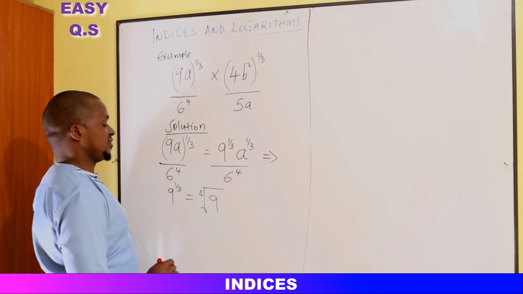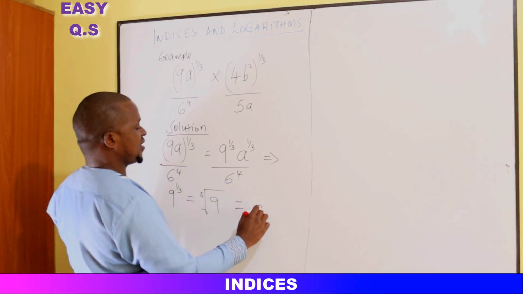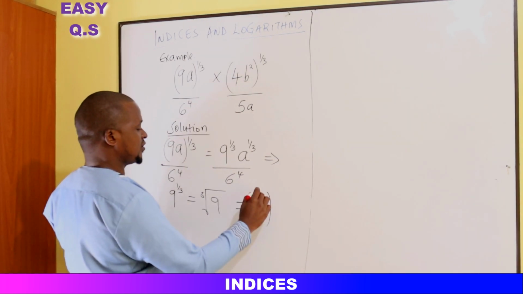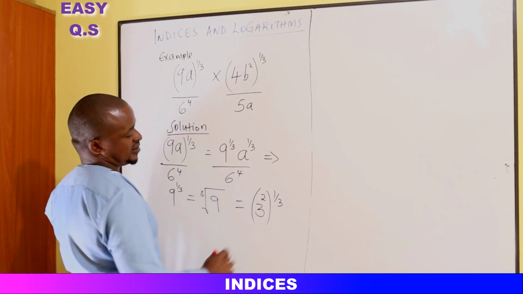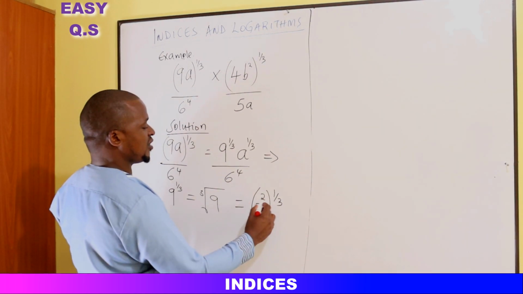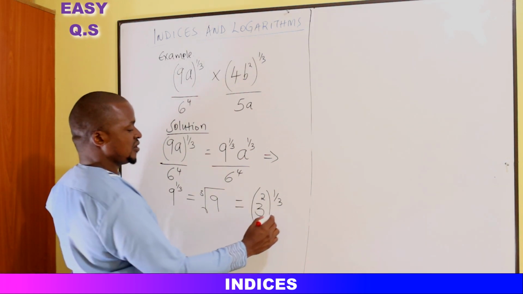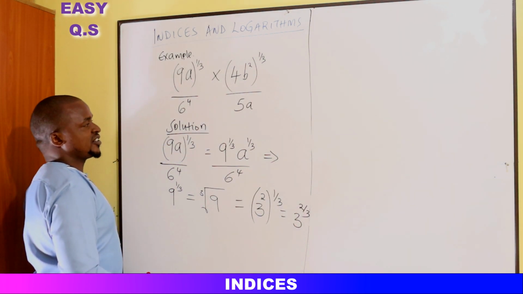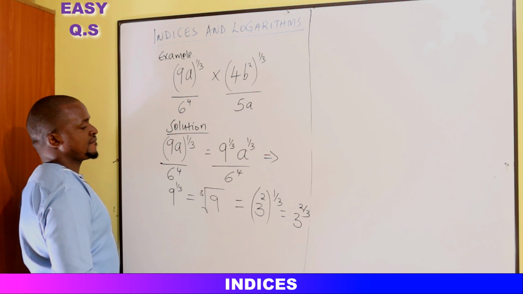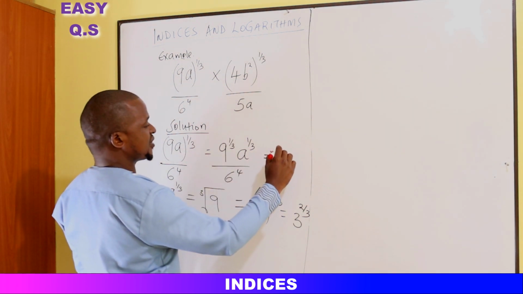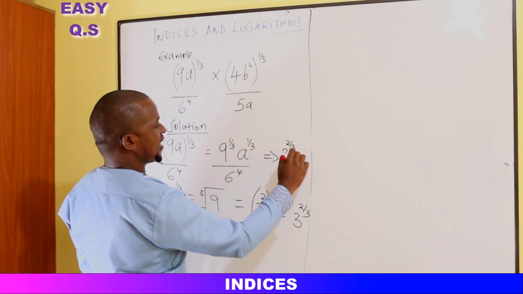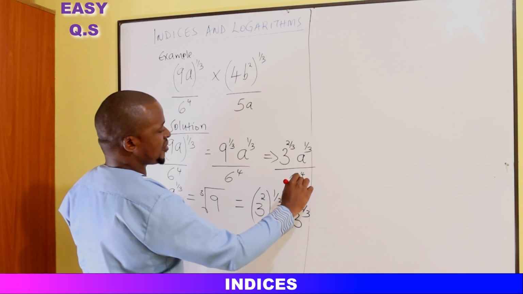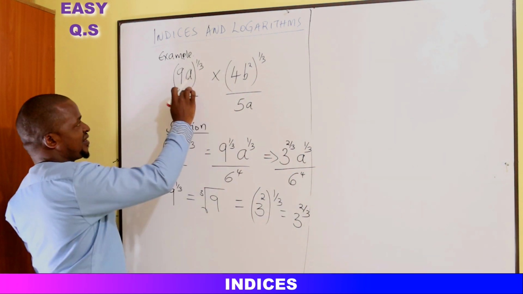The cube root of 9 is given by 3 squared raised to power 1 over 3, which is a product of two powers and will give us 3 raised to power 2 over 3. Therefore, this one becomes 3 raised to power 2 over 3, a raised to power 1 over 3, over 6 raised to power 4. So we are done with this.